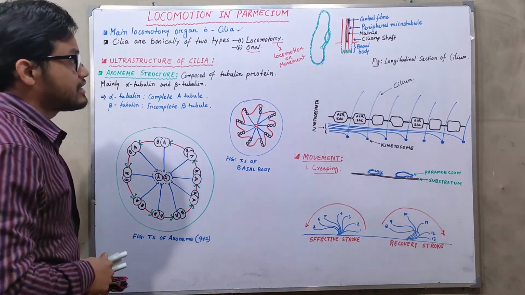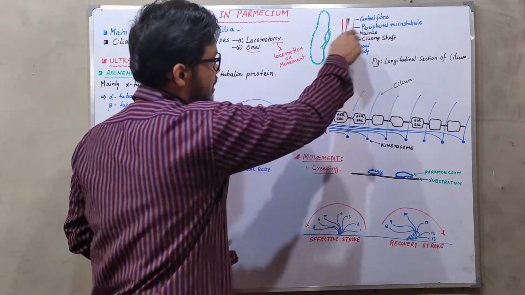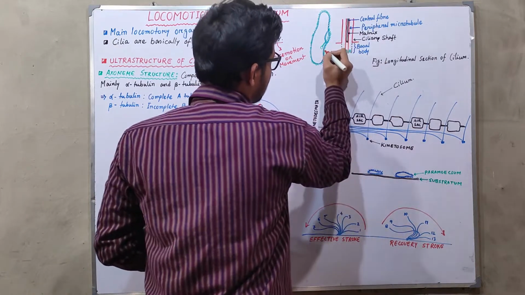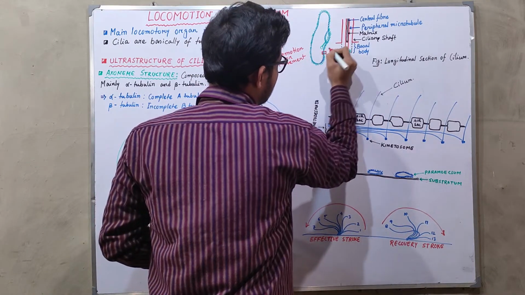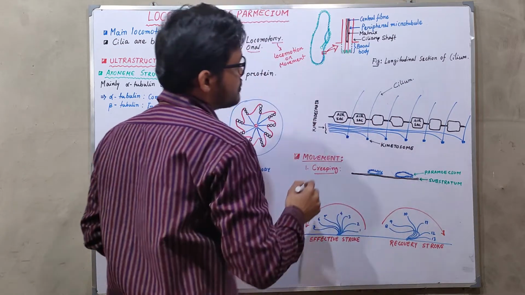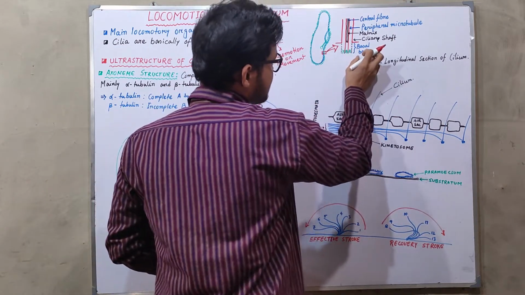If we consider the structure of a particular cilium, we get this kind of structure. Here is the basal body structure.